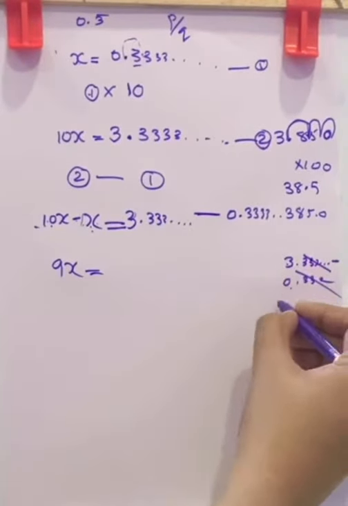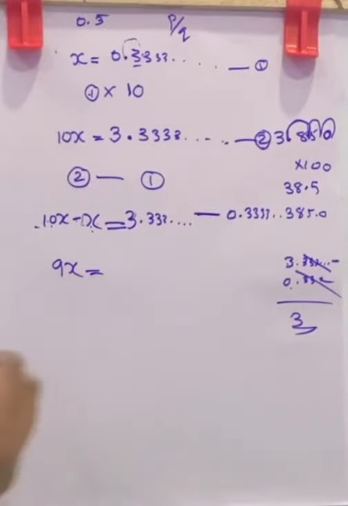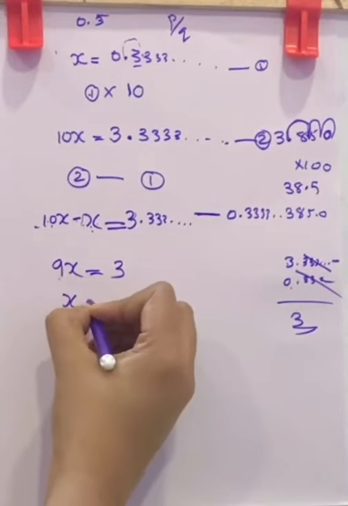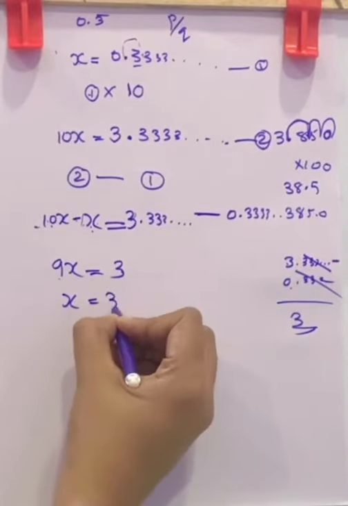Now 3 minus 0, the answer is 3. So here you will write 3. Now 9x is equal to 3. After subtracting, you got 9x is equal to 3. Now you want to know the value of x.